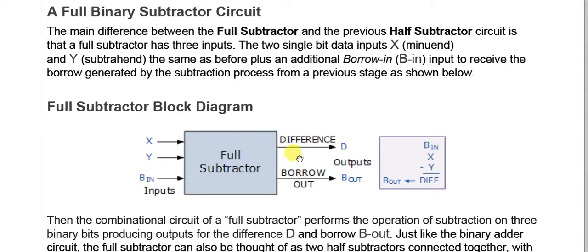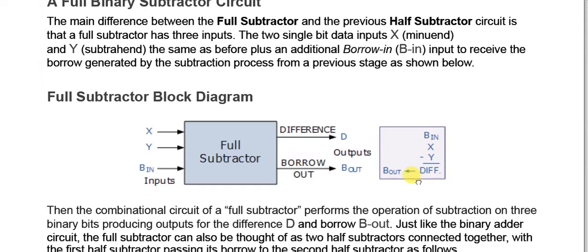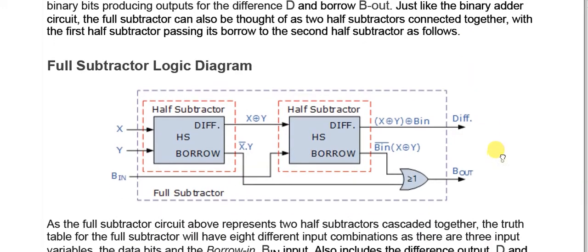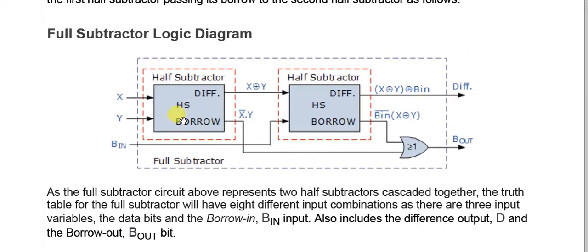So let's see now the logic circuit diagram. Again, two half subtractors are cascaded together, with two inputs X and Y, and one borrow input which is fed to the second input of the second half subtractor, and the output difference is fed to the first input of the second half subtractor.